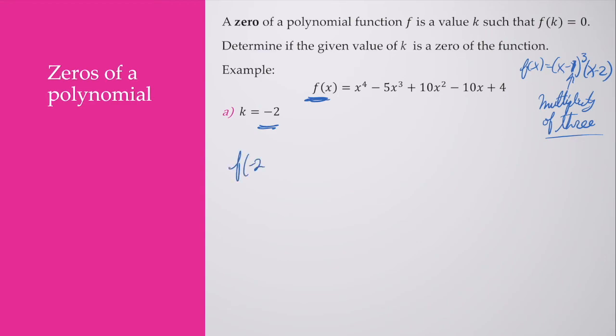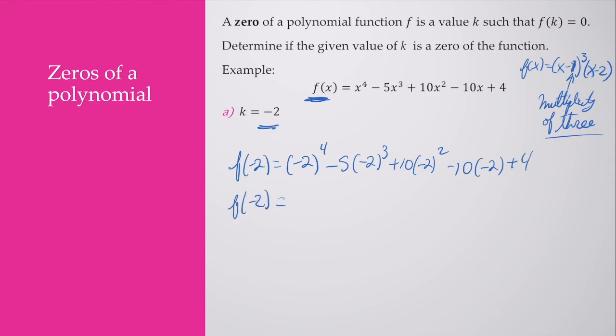We know negative 2 is not a factor, but let's see what happens. f of negative 2 is negative 2 to the 4th minus 5 times negative 2 cubed plus 10 times negative 2 squared minus 10 times negative 2 plus 4. So f of negative 2 is 16 minus 5 times a negative 8 plus 40 plus 20 plus 4.